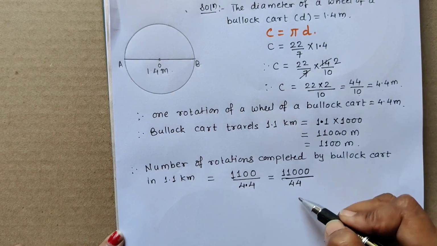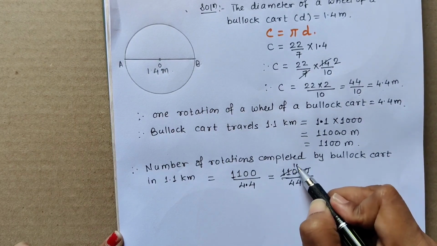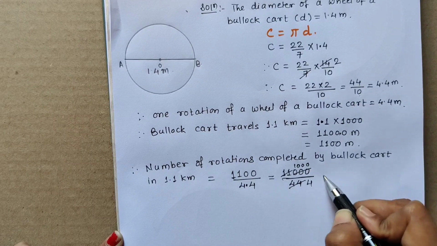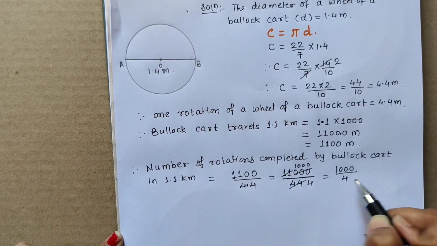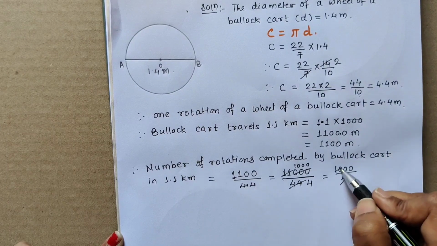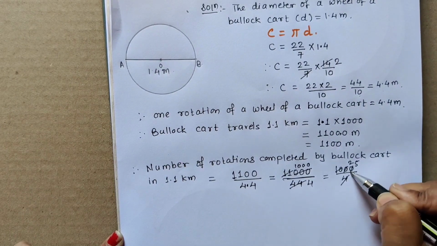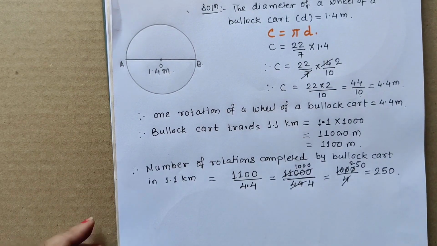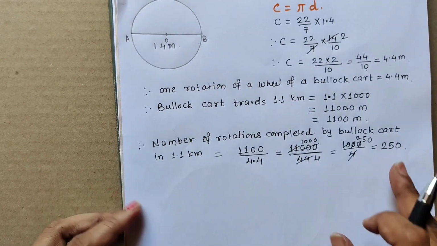Now we can cancel by 11, as you all can see. 11 ones are 11, 11 zeros are 0, and 11 fours are 44. Now 1000 upon 4. So cancel this. 4 twos are 8, 4 fives are 20 and 4 zeros are 0. 250. That means the bullock cart has completed how many rotations?